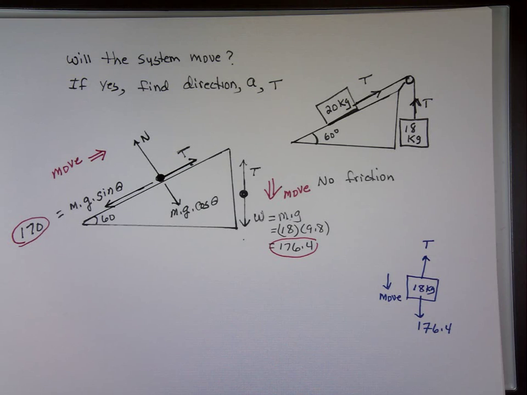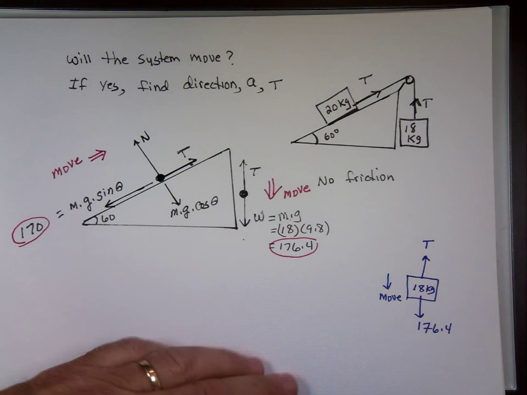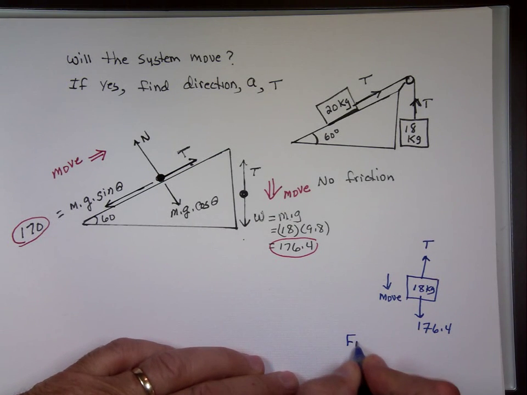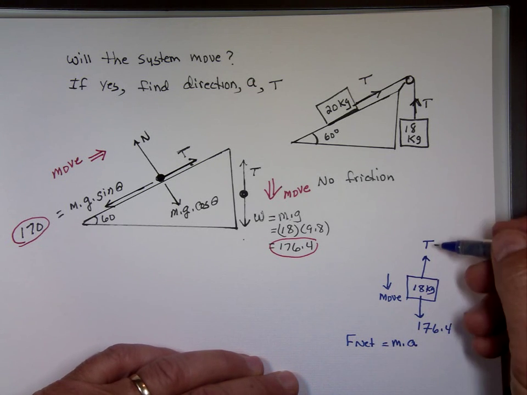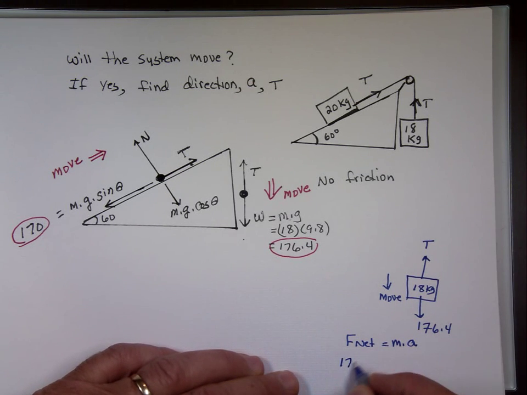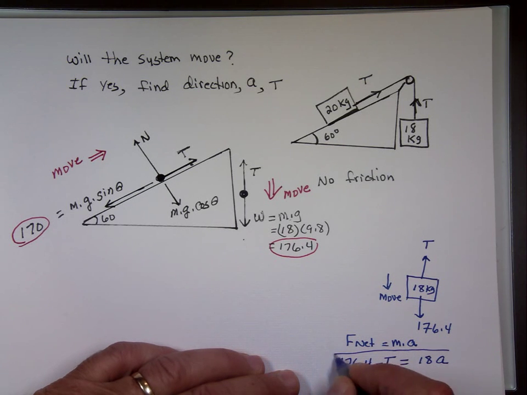The fact I'm moving down, I'm going to say F net equals mass times acceleration. My F net, since up and down, is this force minus that, equals 18 times A. That's one equation.